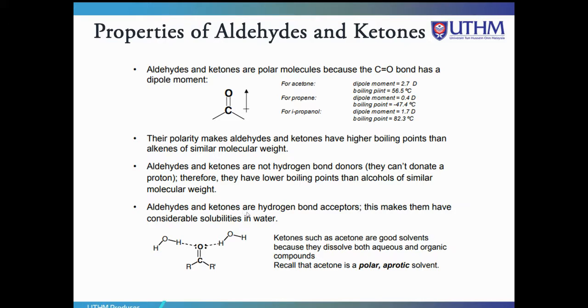Aldehyde and ketone are hydrogen bond acceptors, and therefore this gives them considerable solubility in water. Ketones such as acetone are good solvents because they dissolve both aqueous and organic compounds. Recall that acetone is a polar aprotic solvent.